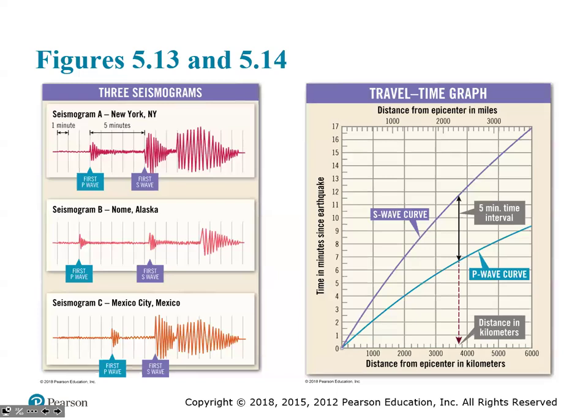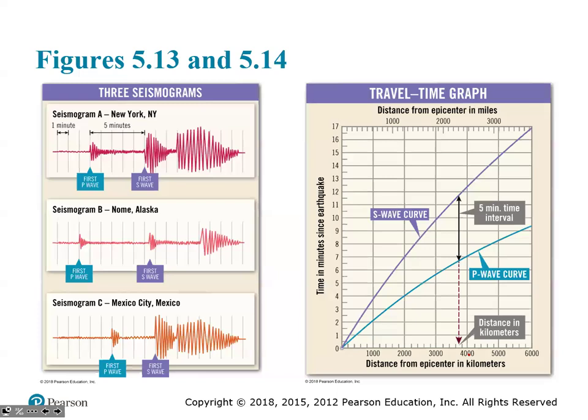So here's an example where this is the first P wave, this is the first S wave. There's a 5-minute time interval. If we look at how far P waves and S waves travel in miles after an earthquake, where they're 5 minutes apart, that tells you the distance you need to travel. And then you can do it again from Nome here.